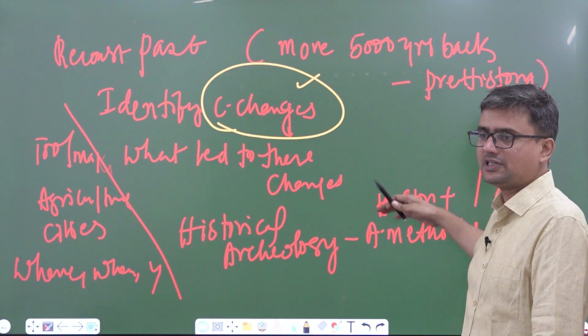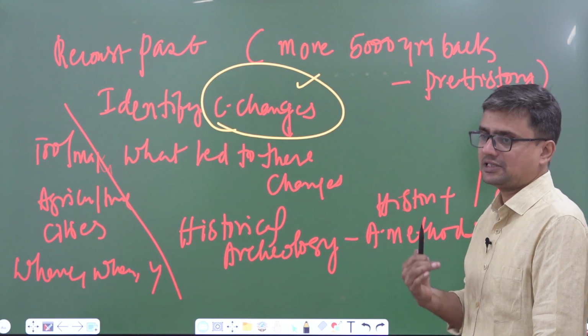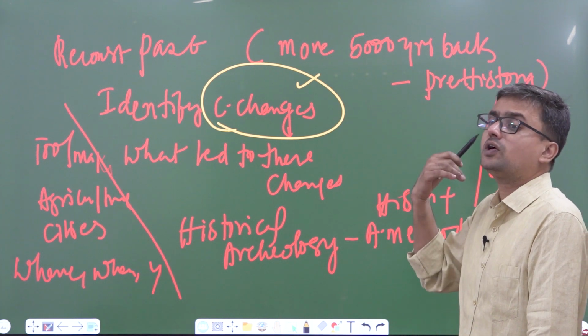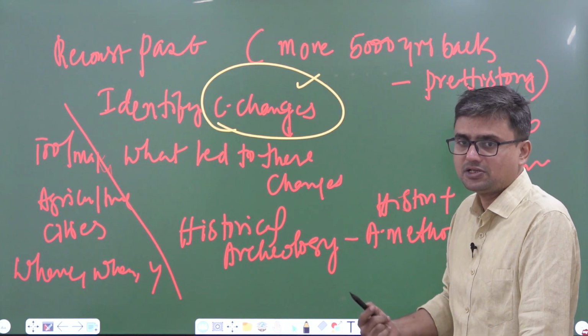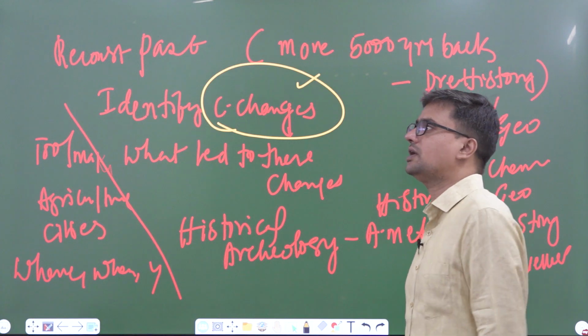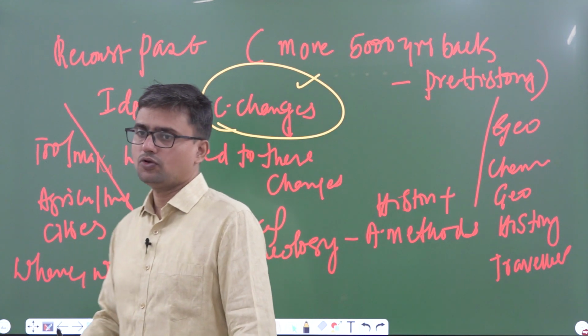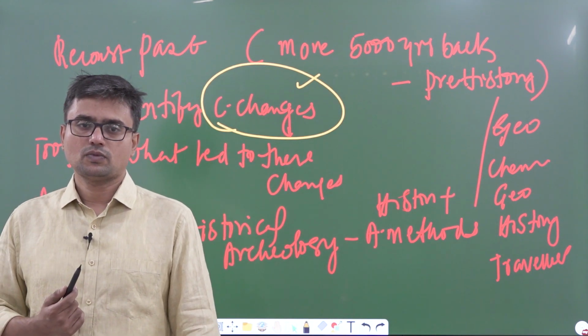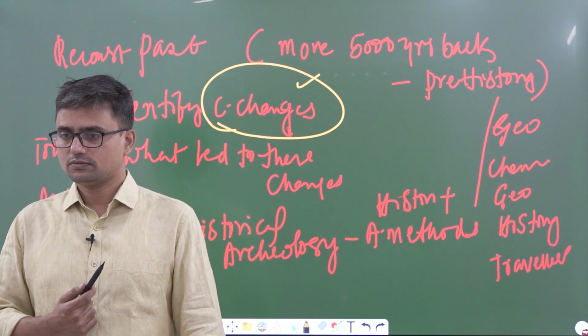Archaeological anthropology first of all identifies the past cultures and it focuses on the cultural changes, that is the cultural evolution that occurred in human history or in human evolution.